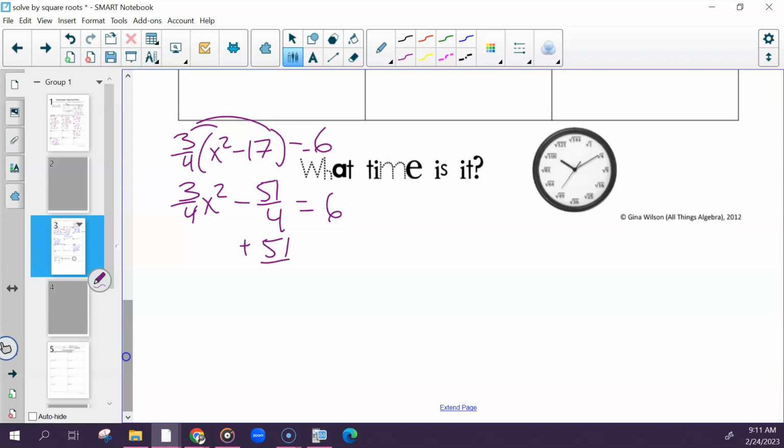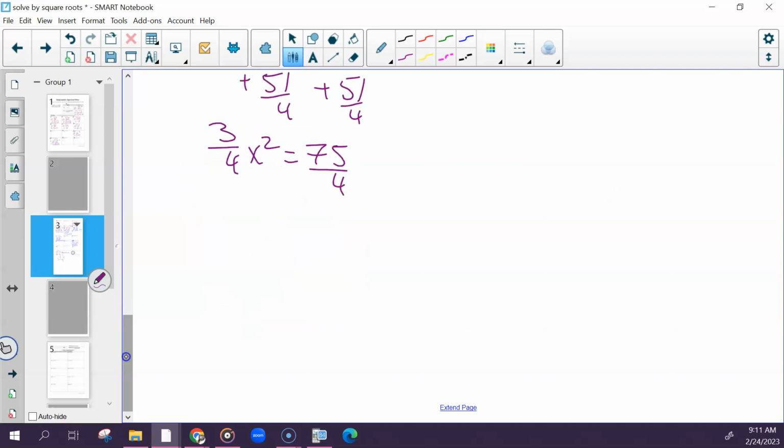So add 51 fourths to both sides. And then you would still have to get rid of the 3/4 by flipping it and multiplying it. But these fourths would cancel and this would become 25. So it still works out. It's just more fractions if you do it that way.